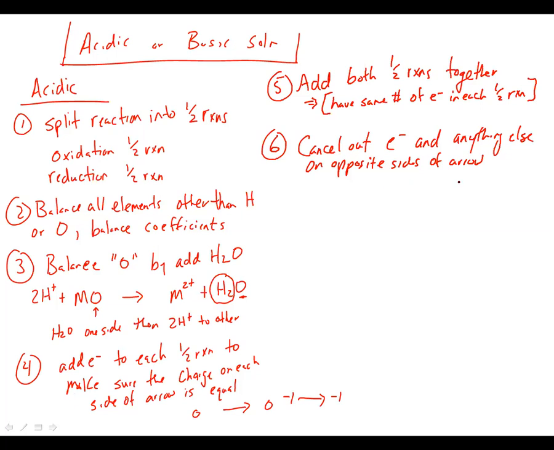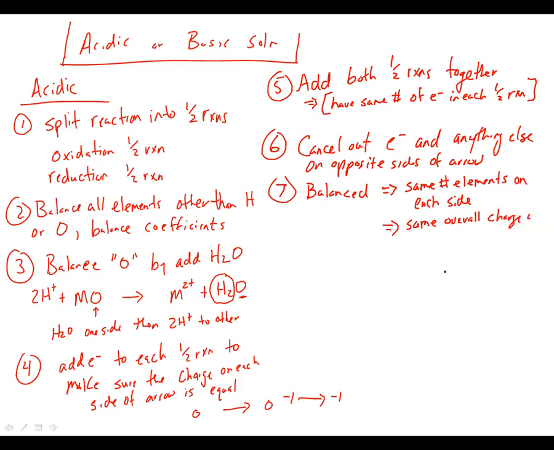And when we talk about it being balanced, it actually has to be balanced 2 ways. It has to be balanced like a normal equation, with the same number of elements on each side. And secondly, it needs to be balanced with the same overall charge on each side.